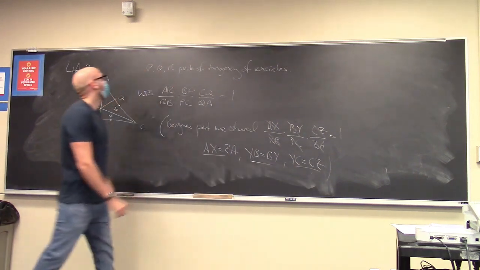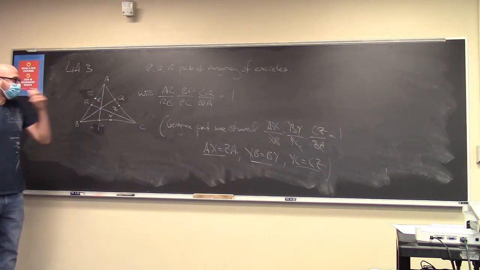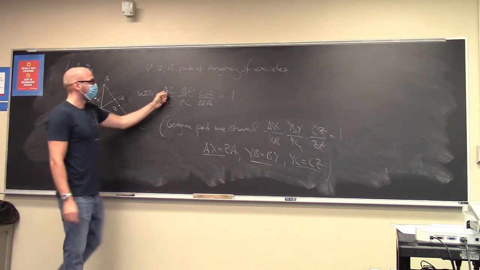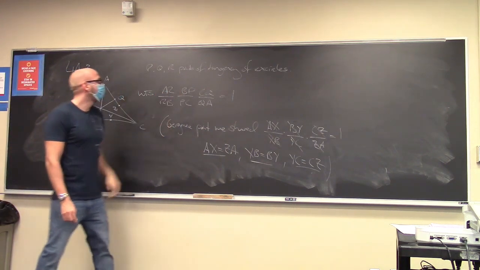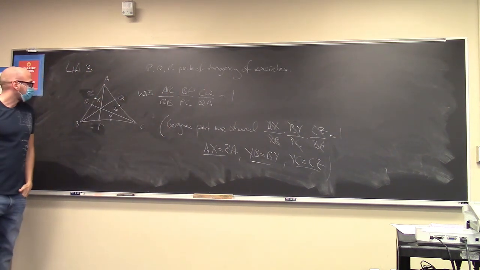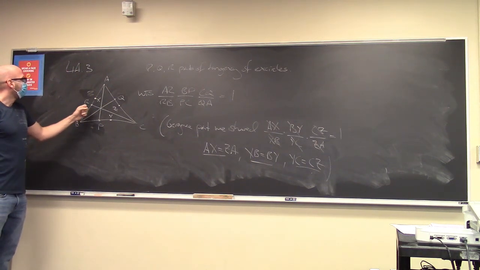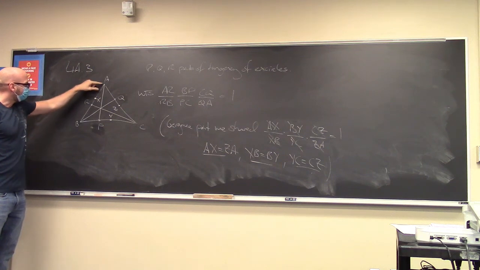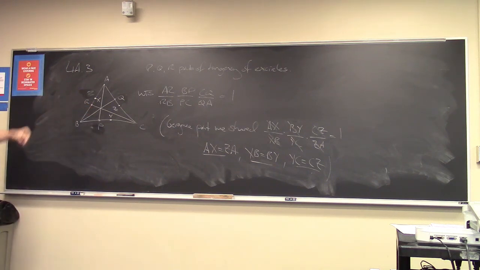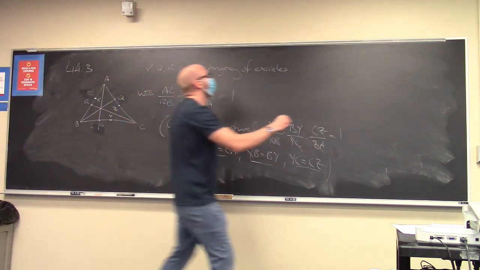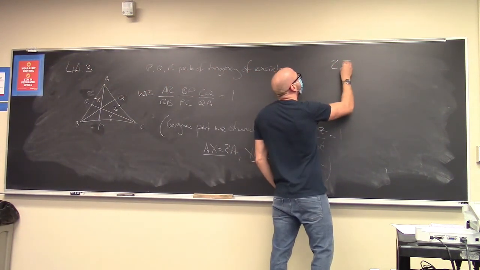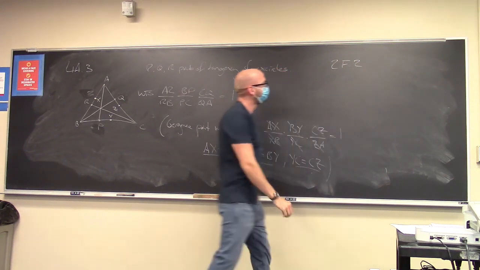I'd like to do something up here as well with the excircles. I need to sort of come up with relations between all of these distances. Do we know anything about these distances? So do I know anything about AR? Well, I actually do. This was the homework you just did, 2F.2.